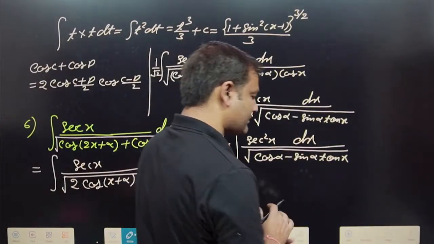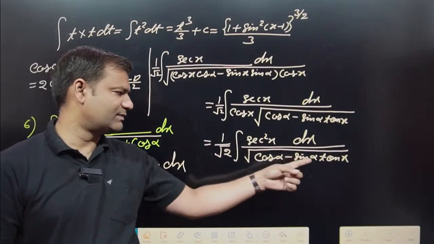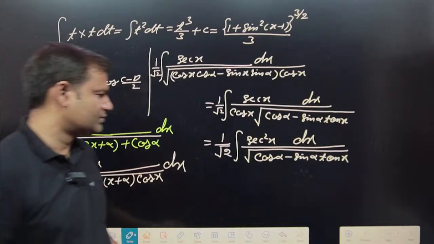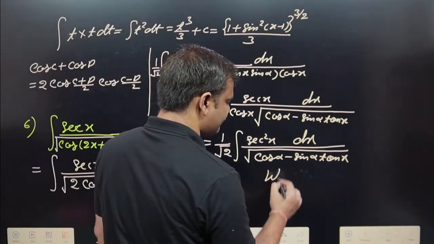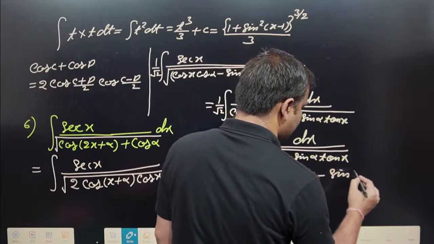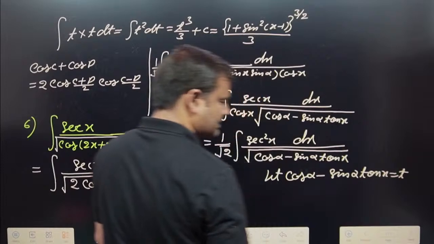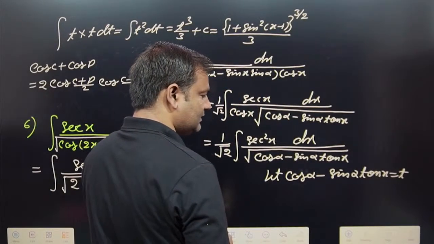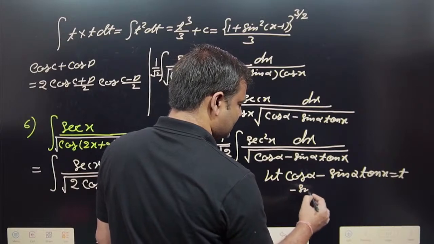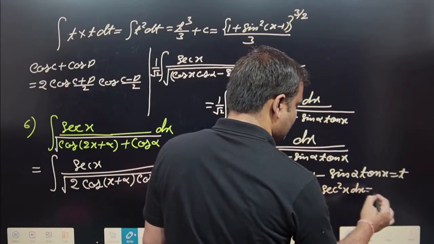Very simple. If this is taken as t, then the differentiation of tan x is sec square x, which is also available. So you can say let cos alpha minus sin alpha into tan x be equal to t. If we differentiate both sides with respect to x, then this is 0, and here minus sin alpha into sec square x dx will be equal to dt.